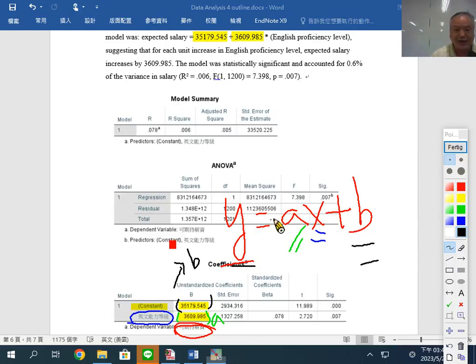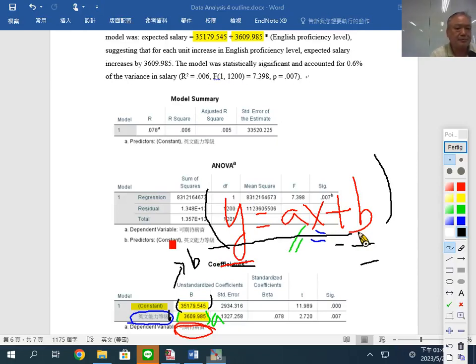So basically, Y equals AX plus B. Y, the expected salary, is equal to A, which is this one, 3609 or 3610, times this English proficiency level plus this one, 35179. That's it. So this is what we have for the equation.